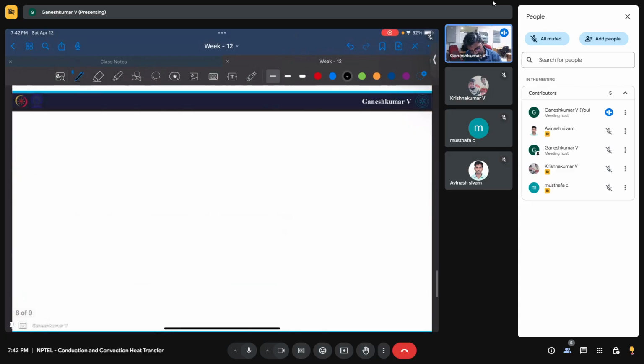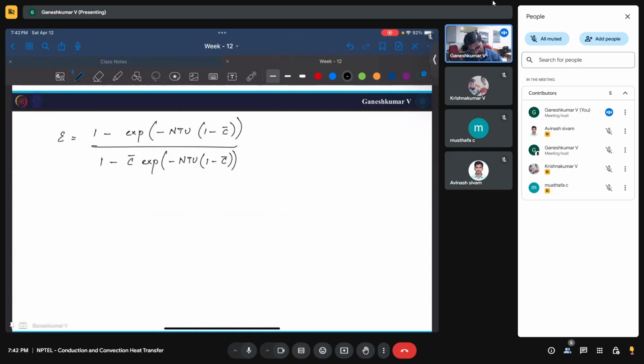And the epsilon relation is 1 minus exponential of minus NTU times 1 minus C ratio, divided by 1 minus C bar times exponential of minus NTU into 1 minus C bar.